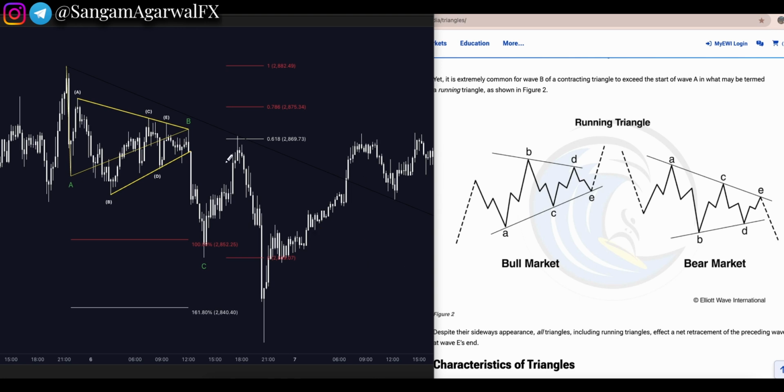It is important because if you see books for price action, not Elliott wave, they see the triangle lower trend line breakout and you wait for a trend line retest, then a new lower low.